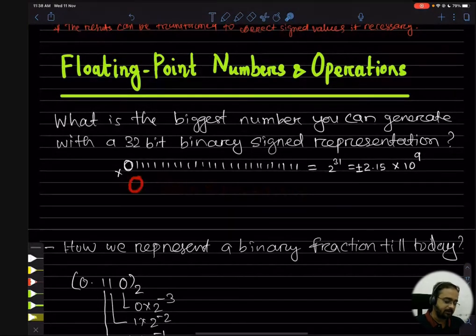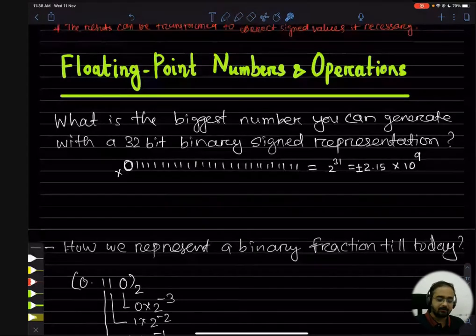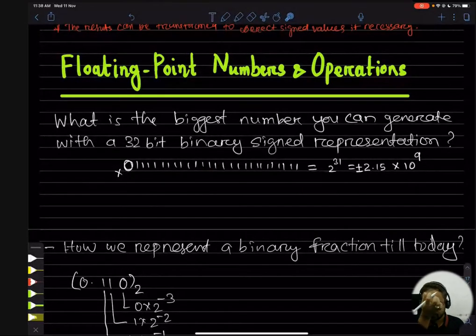If you give 0.11111, what is the biggest value you can get? What is the smallest value you can get? 0 point all zeros and the last is 1. So you can calculate the smallest number in fraction also. That will be a very small number, not that much.